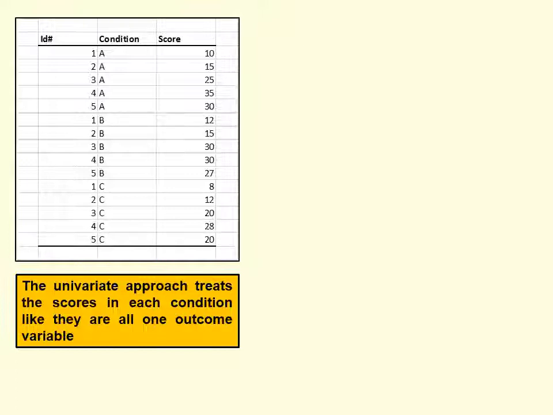And I've stacked them in what's sometimes called a long format for data, where we're repeating ID number 1, 2, 3, 4, 5 for condition A, 1, 2, 3, 4, 5 for condition B, 1, 2, 3, 4, 5 for condition C, to illustrate this idea that we're taking all this separate data and squishing it into one column, treating it like one variable, which we could call score or time or effect or whatever we choose.